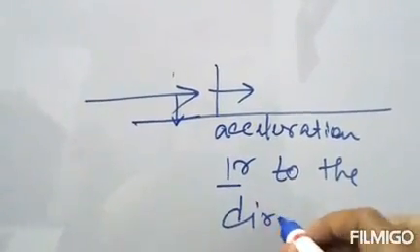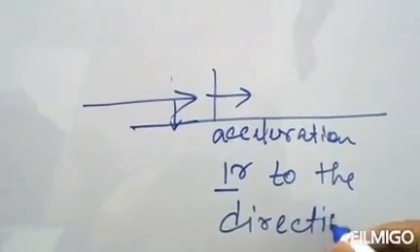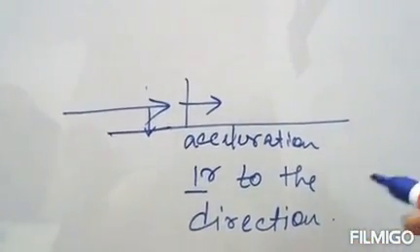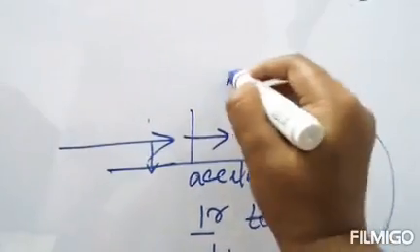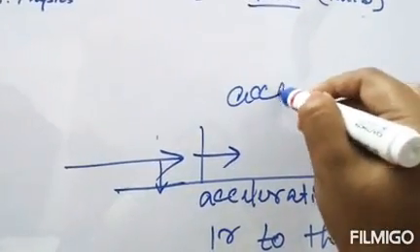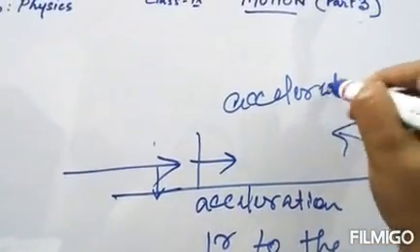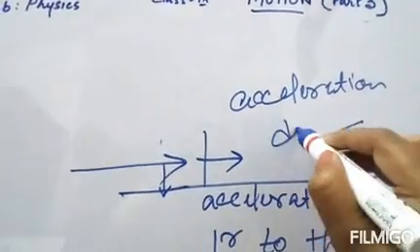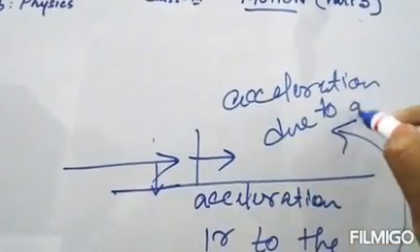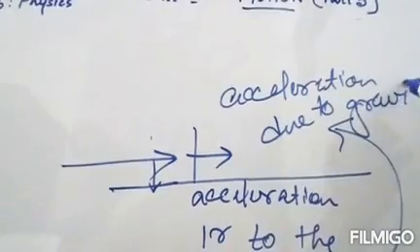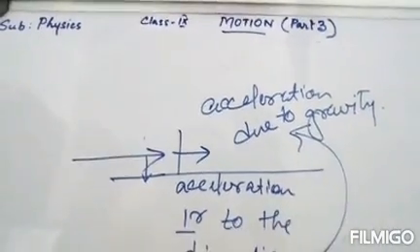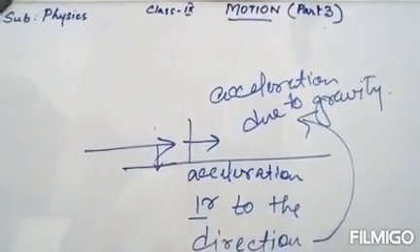And when is this case? When a body is moving on a horizontal road. And what type of acceleration is acting on it? It is acceleration due to gravity. These are the special cases.